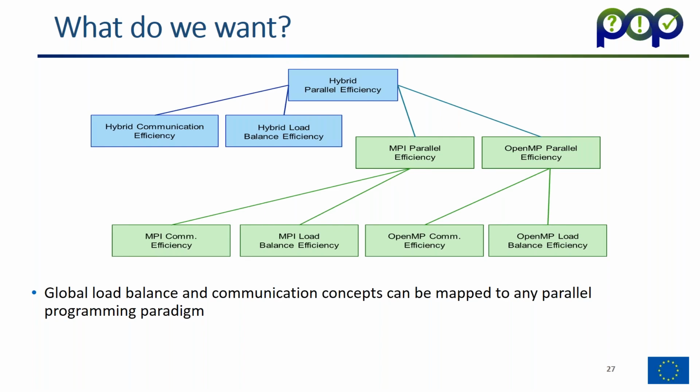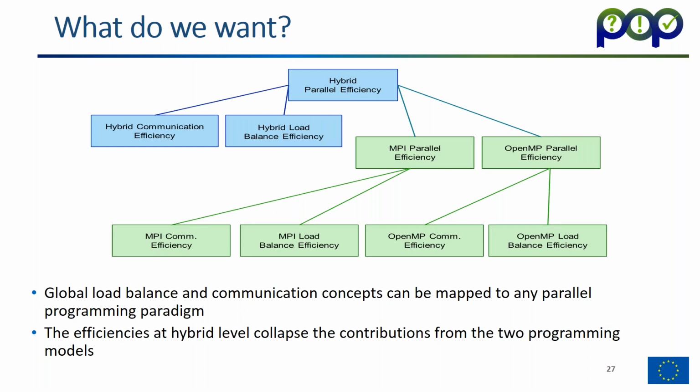So for MPI, I can compute the communication efficiency and the load balance. And as I said before, in the hybrid metrics, I am basically combining the data from the two programming models. So I can also create the relationship between the hybrid metrics and the underneath level.